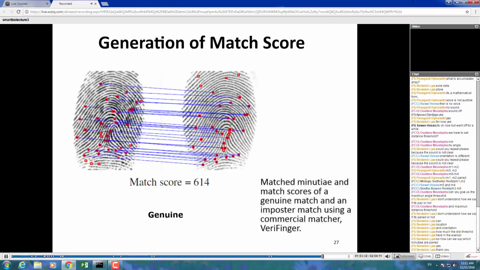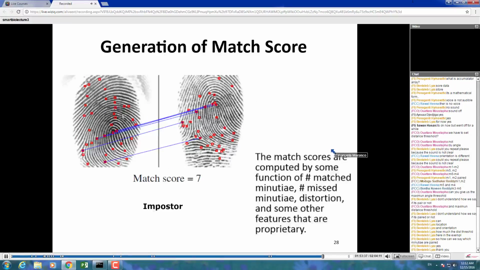Right? So again, I summarize here how the match or similarity match score is computed. Then we have the match score. We need the number of missed minutiae, then distortion, and some other features that are protected.